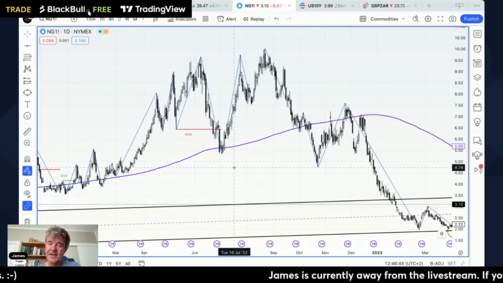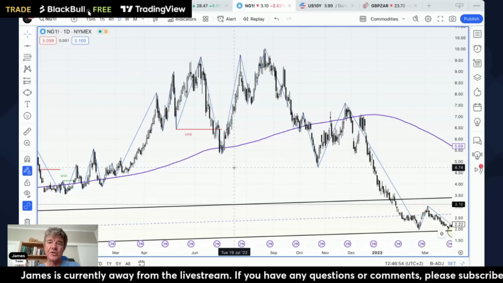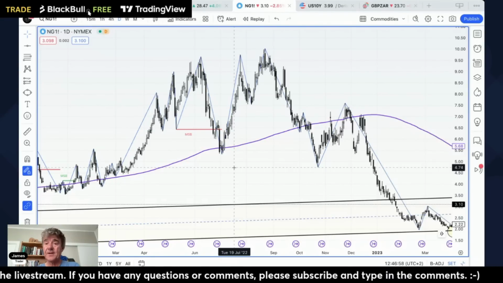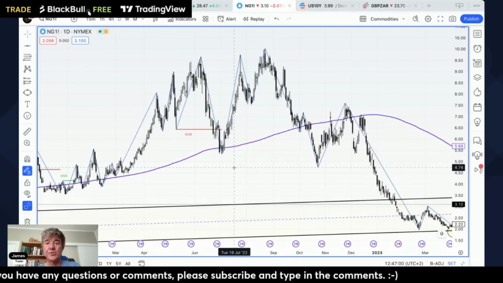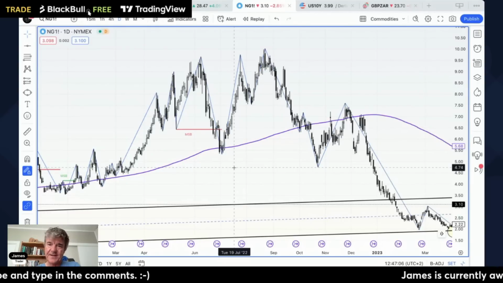I'm a technical trader. I do keep an eye on things like the news, geopolitics, weather, all of that sort of thing, storage capacity, storage levels, demand, all sorts of things. I look at the COT report.